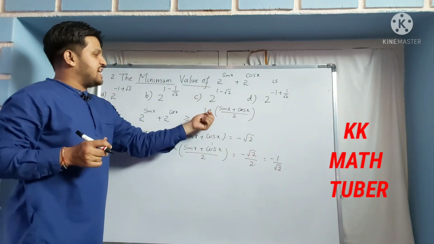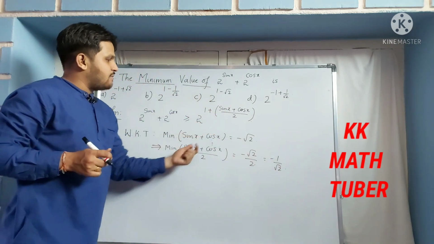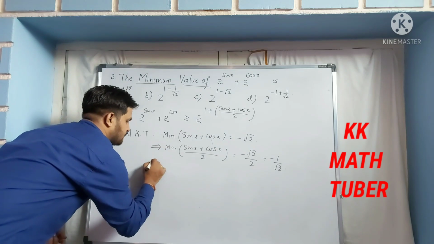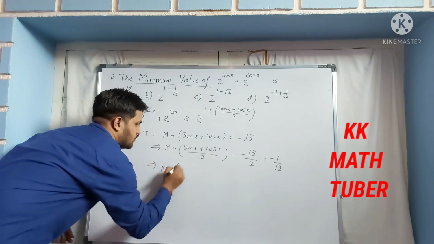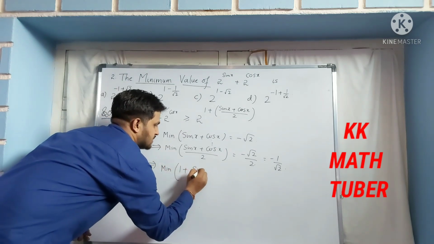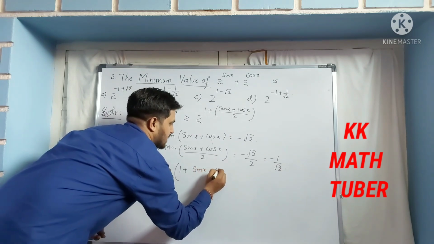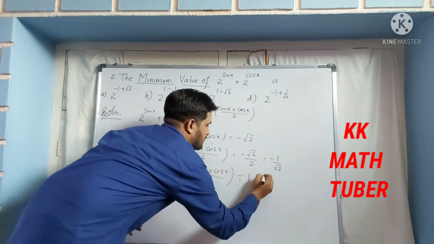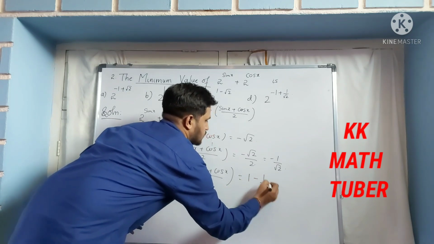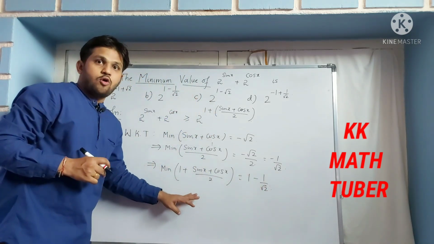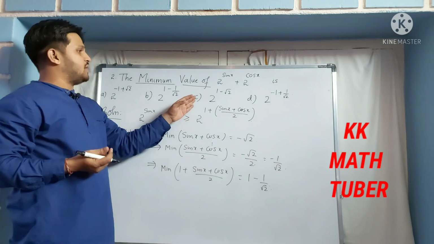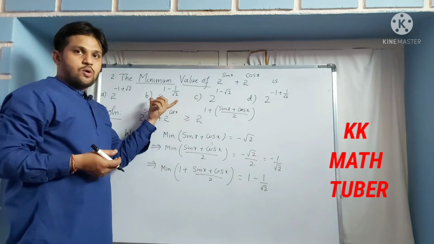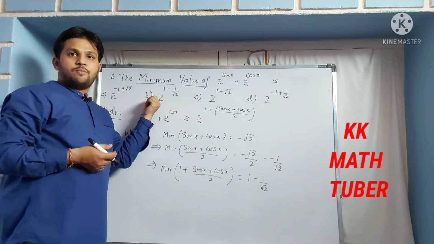So what is the expression here? 1 plus, therefore add 1 on both sides. The minimum value of (1 plus sin x plus cos x) divided by 2 will be equal to 1 minus 1 by root 2. Now hope we got an answer. Look at the options. We can guess now what the right option should be.